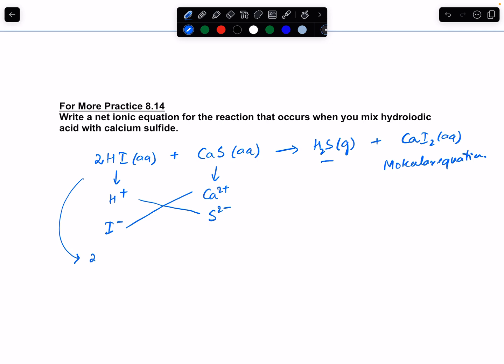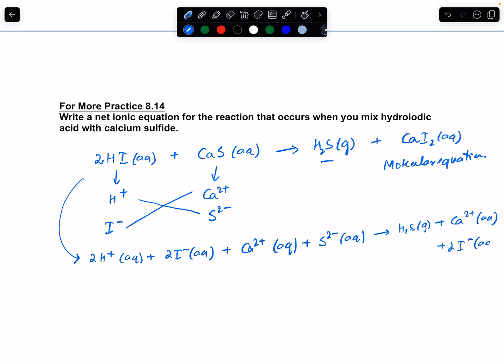So let's write out the ions. So 2H plus, 2I minus, plus Ca2 plus, S2 minus gives us H2S plus Ca2 plus.